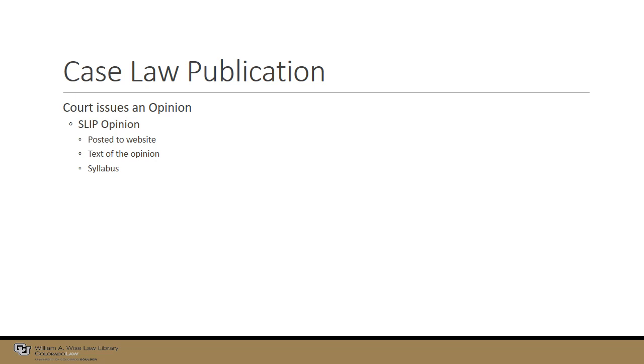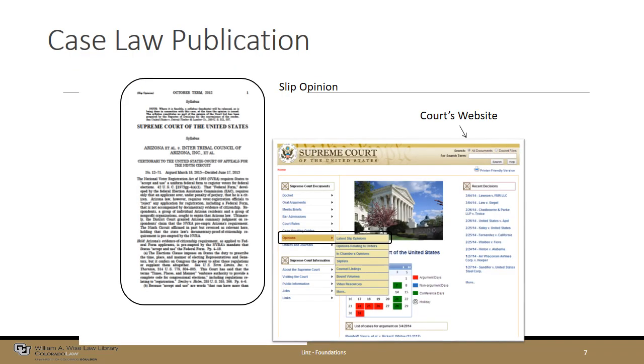So before we get into looking at the ways in which we find cases through keywords or through a digest, we need to understand a little bit about case law publication. When a court issues an opinion, it initially publishes that opinion as a slip opinion. It gets posted to their website, and that opinion will include, of course, the text of the opinion and perhaps a syllabus or a summary of what the court said.